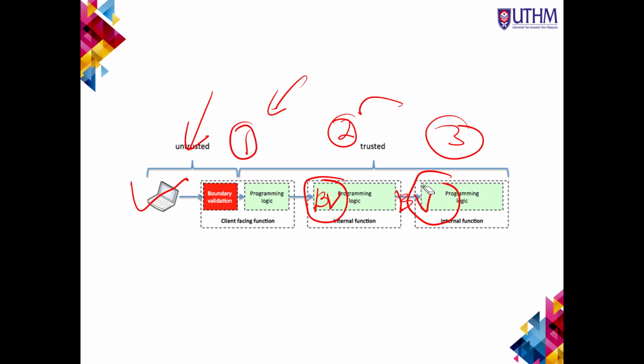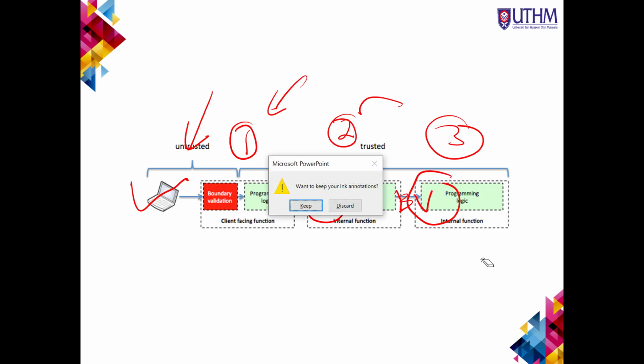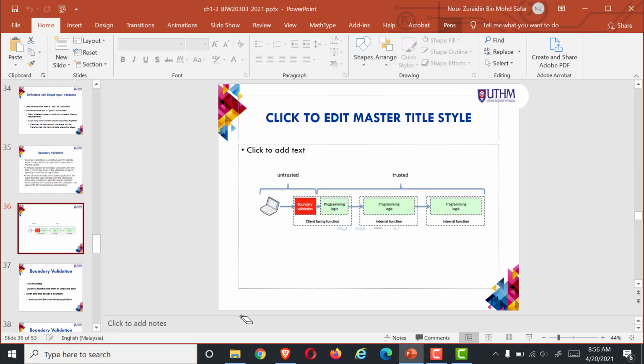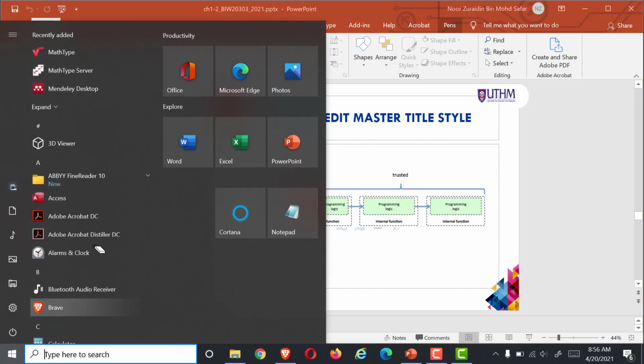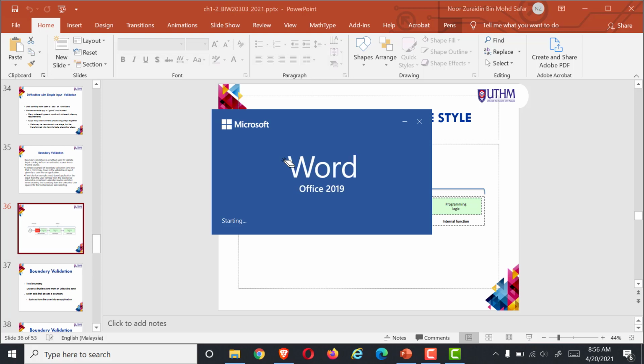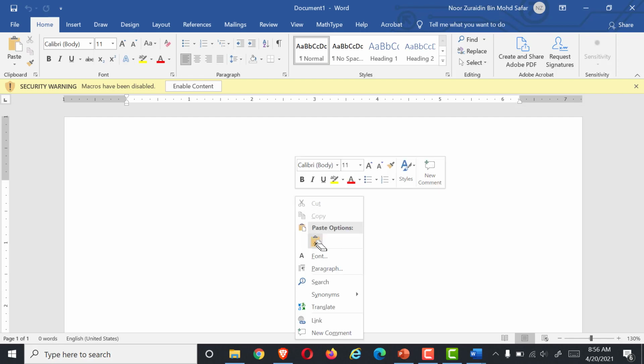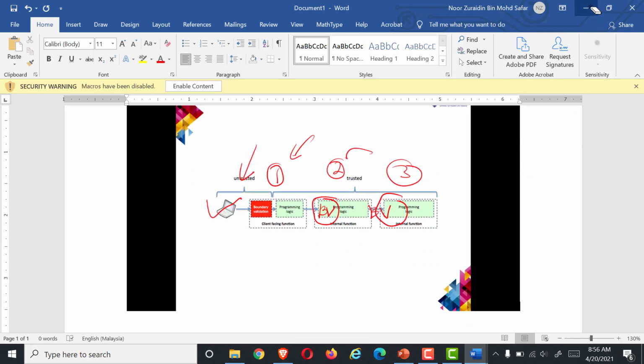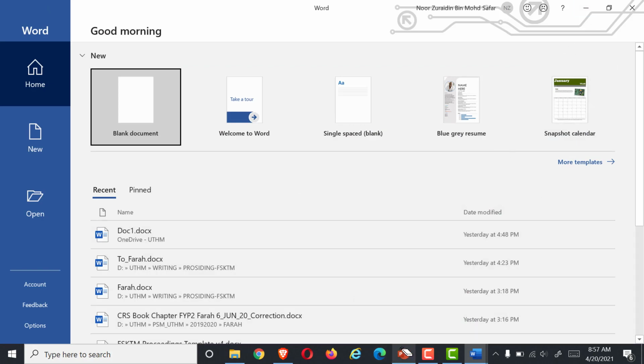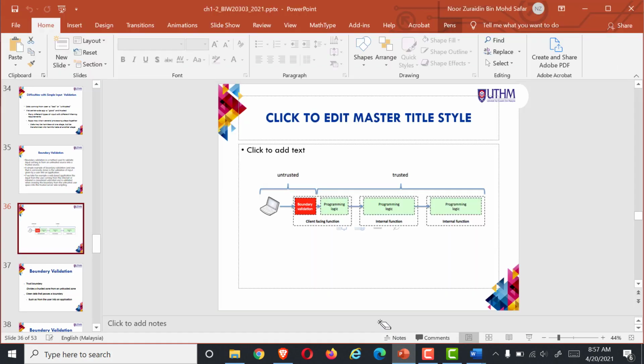So that is boundary validation, and then we continue with safe data handling. Safe data handling is code that can't be fooled by malicious data, such as SQL parameterized queries. This is how we defend against SQL injection: you need to use parameterized queries.